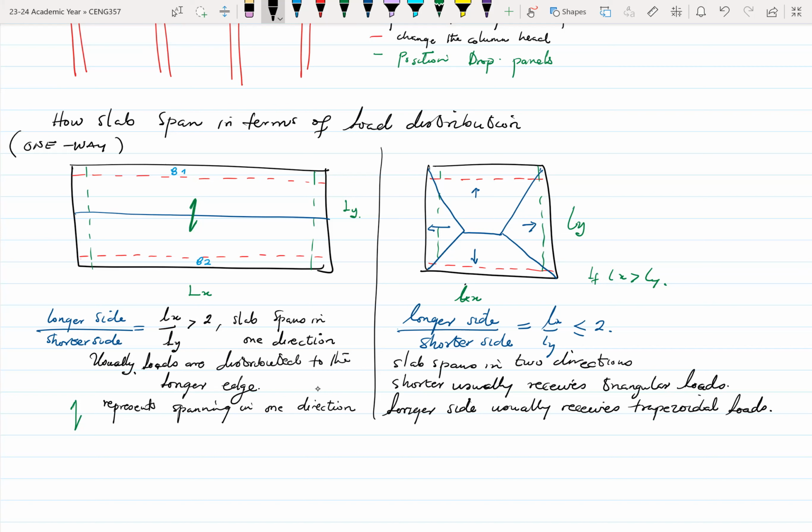And if they are equal, if LX is equal to LY, then the loads will be triangular for all four.